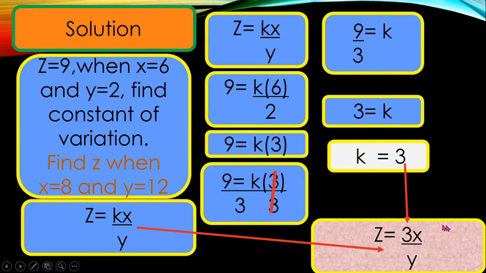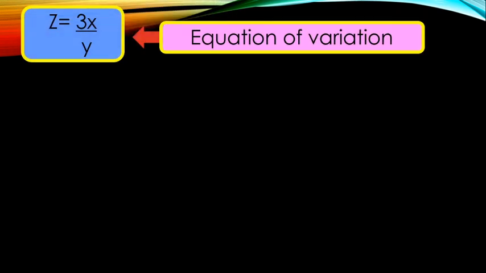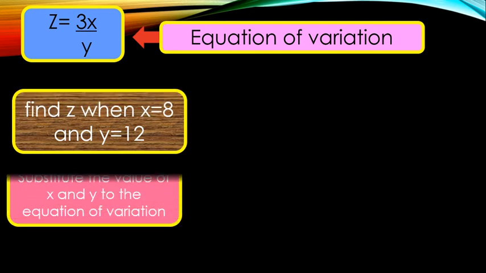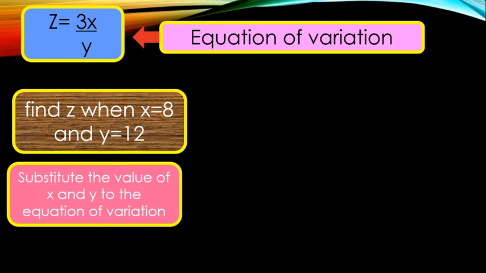So this is our equation of variation for this combined variation. Since we already have the equation of variation, which is z equals 3x divided by y, we can find z when x is 8 and y is 12. Substitute the value of x and y to the equation of variation.